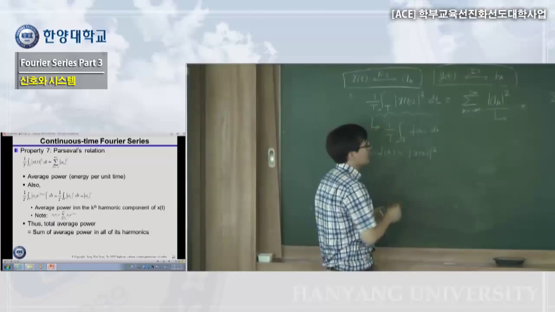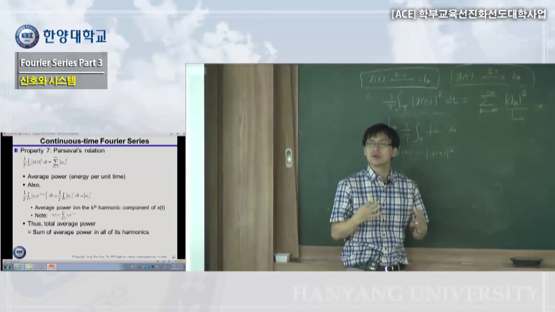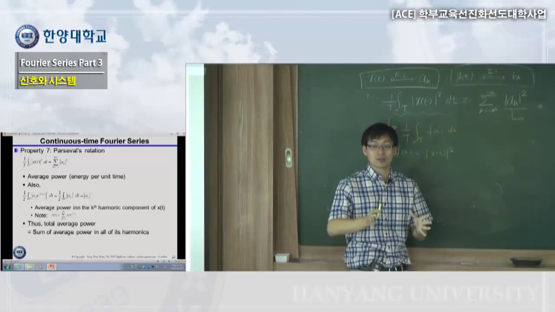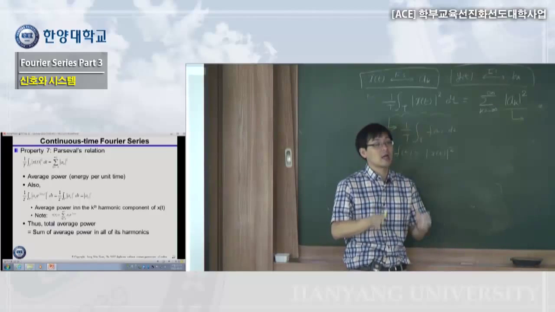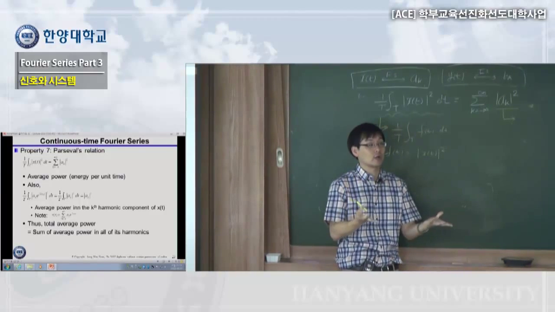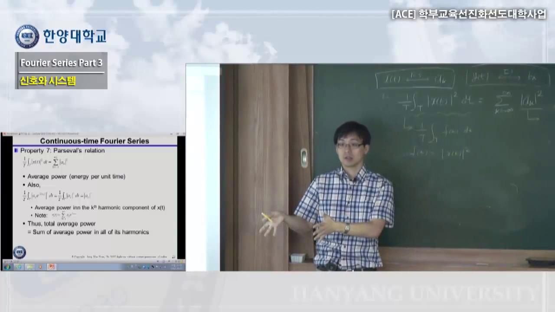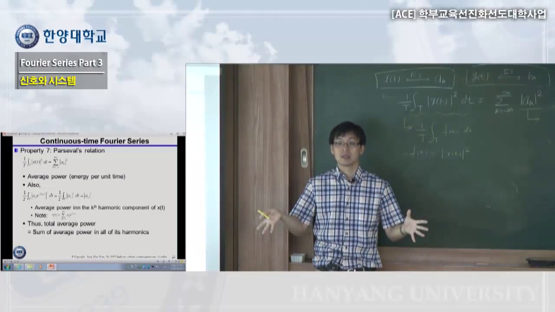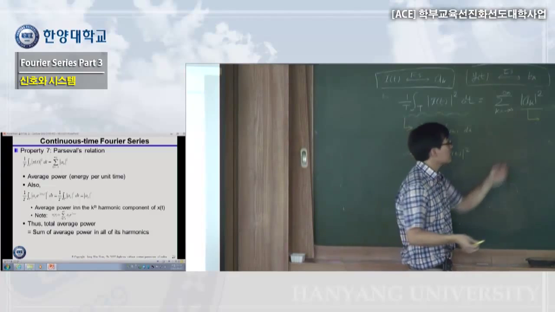So this ak square represents the amount of each frequency component in x.